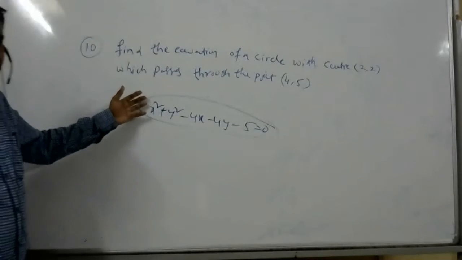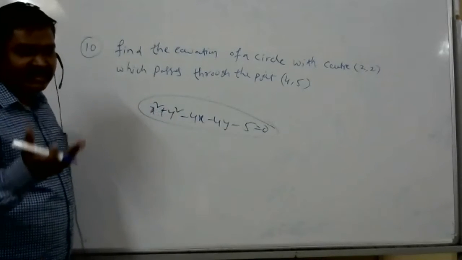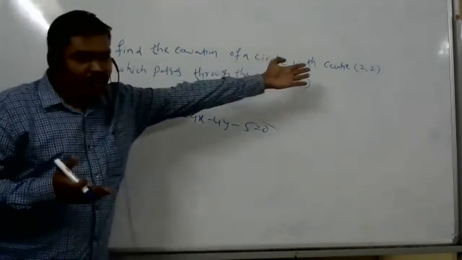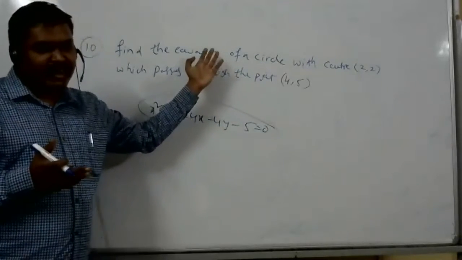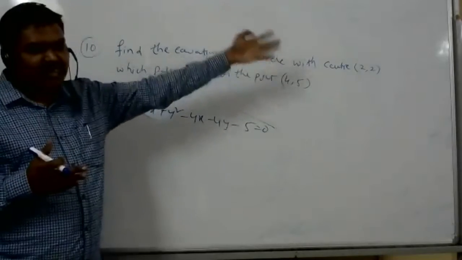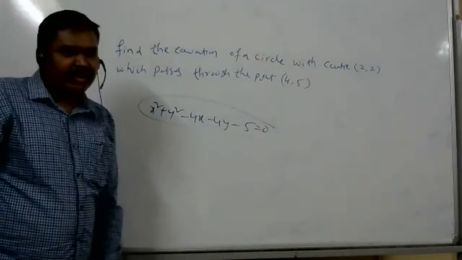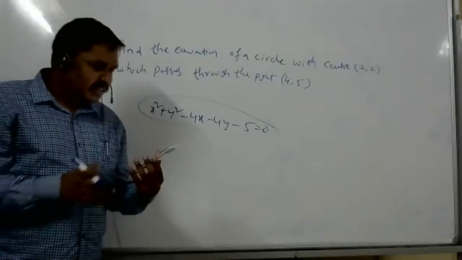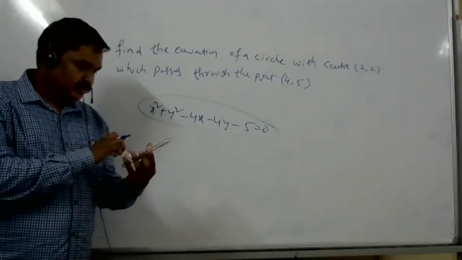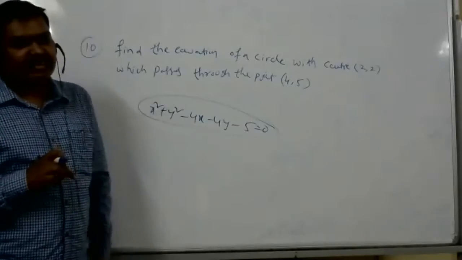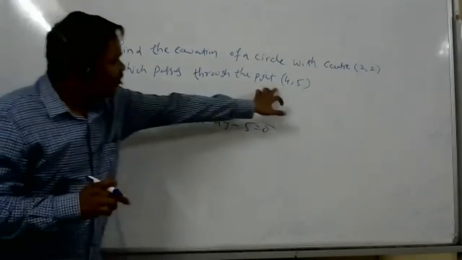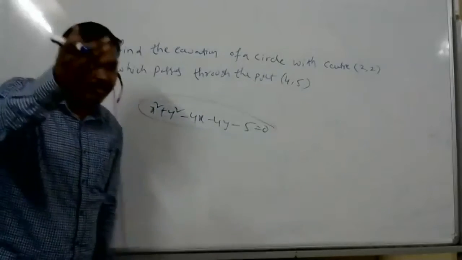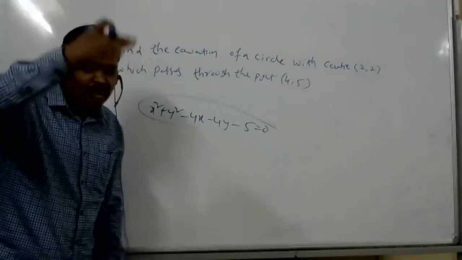Yes, sir. See, equation of circle: x minus h whole square plus y minus k whole square is equal to r square. Center 2, 2, substituting: x minus 2 whole square plus y minus 2 whole square is equal to r square. That is equation 1. Since equation 1 passes through point 4, 5: 4 minus 2 whole square plus 5 minus 2 whole square is equal to r square.